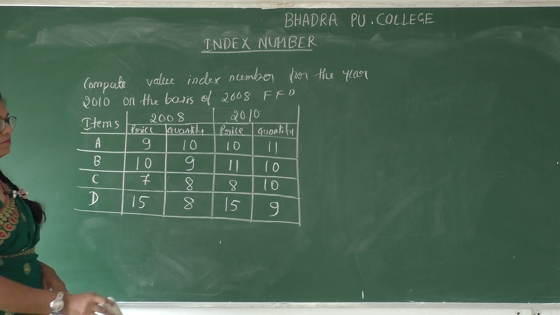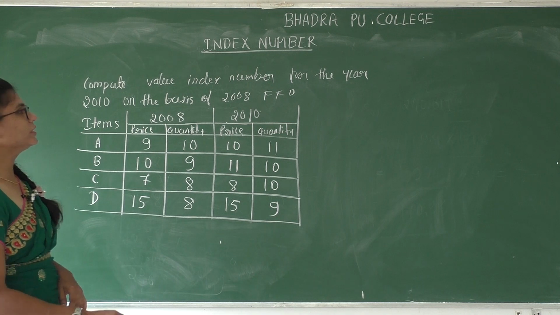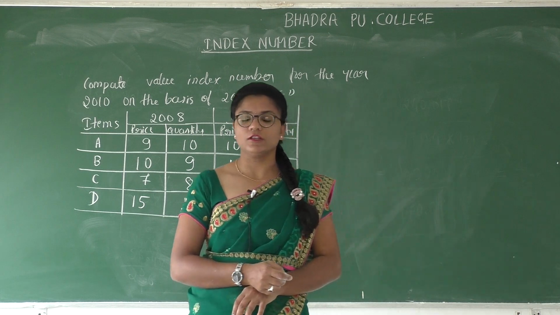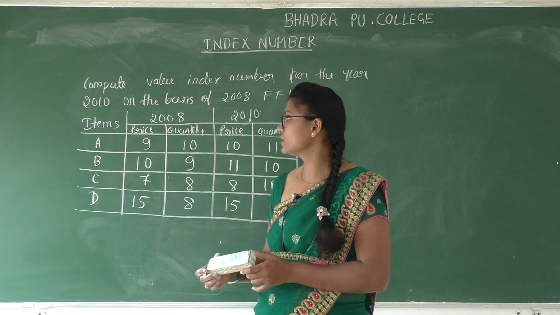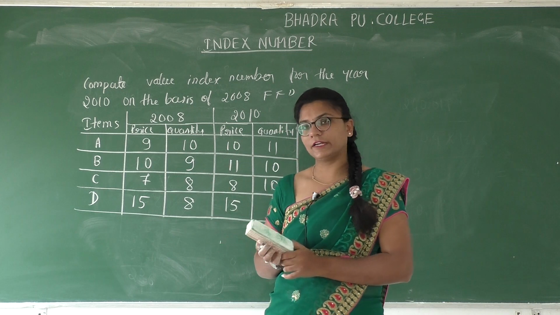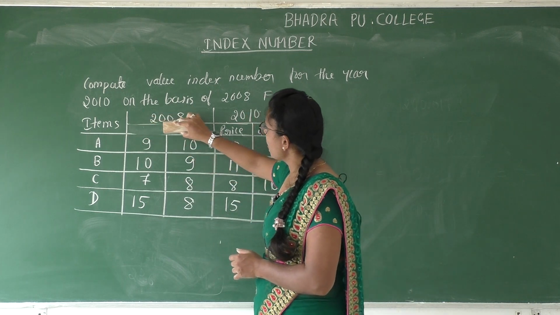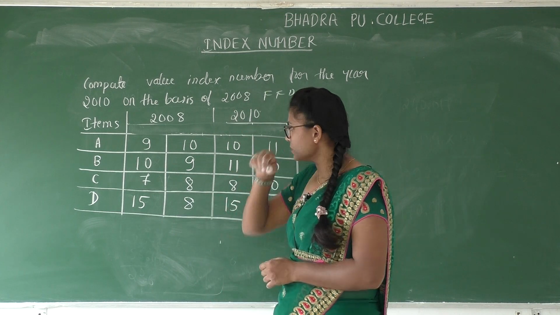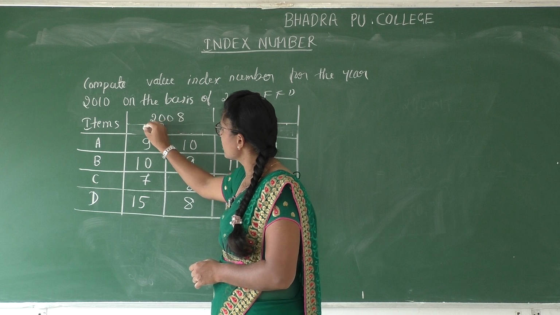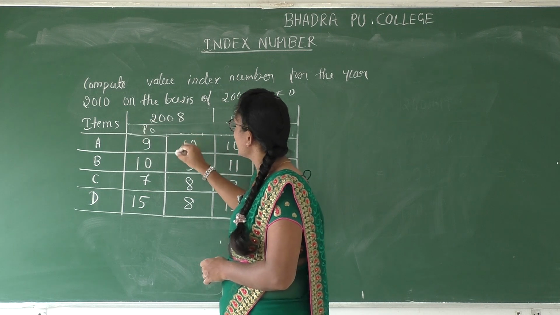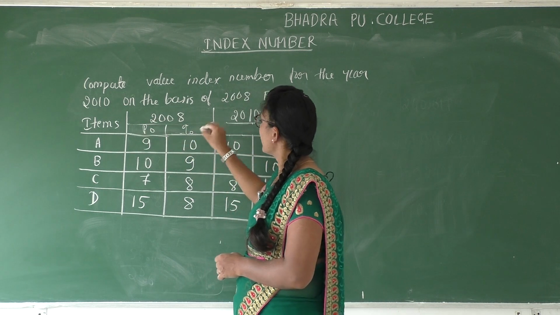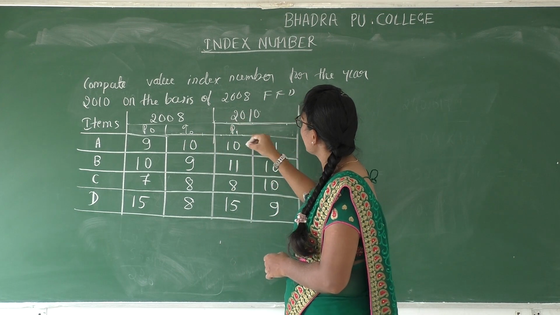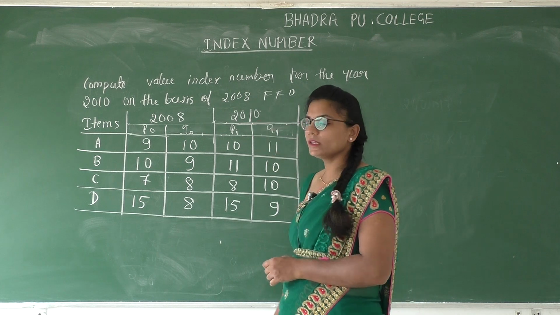So look at the problem. Compute value index number for the year 2010 on the basis of 2008. So 2008 is the base year and 2010 is the current year. Therefore the base year price and quantity become P0 and Q0, and for the current year they become P1 and Q1.